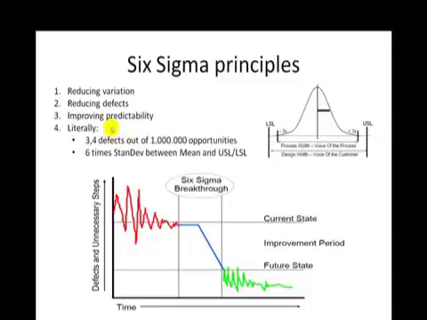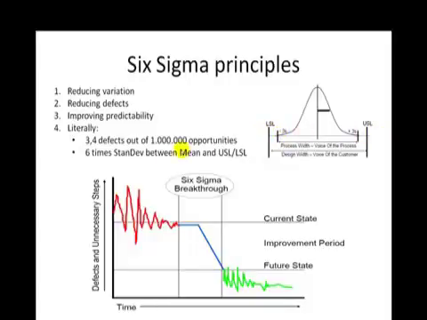Six Sigma translates to only 3.4 defects out of a million opportunities. So if you would produce 1 million items, only 3.4, let's say 3, would fall outside the specification of your customer.